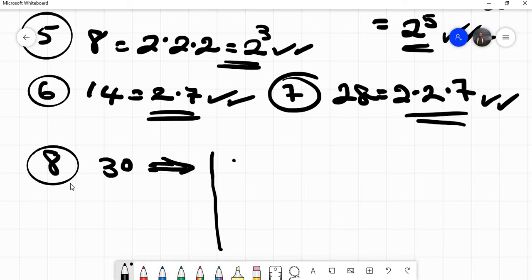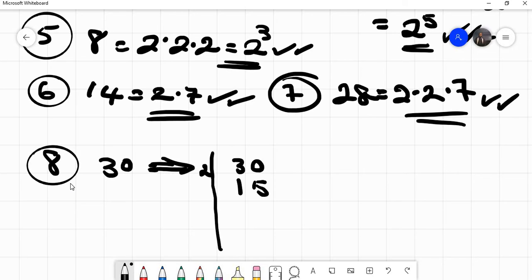We divide by 2 first, and 30 divided by 2 is 15. Why? 3 divided by 2 goes 1, 1 times 2 is 2, 3 minus 2 is 1, and then 10 divided by 2 is 5. That's why it's 15.